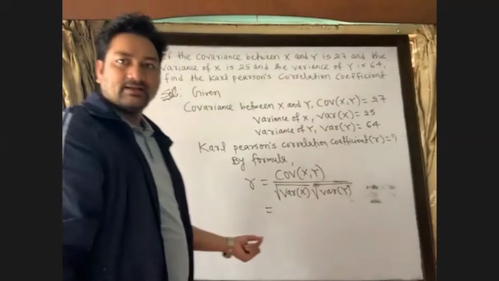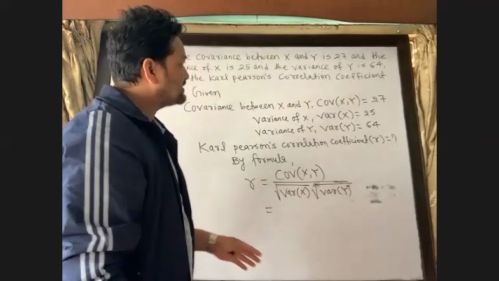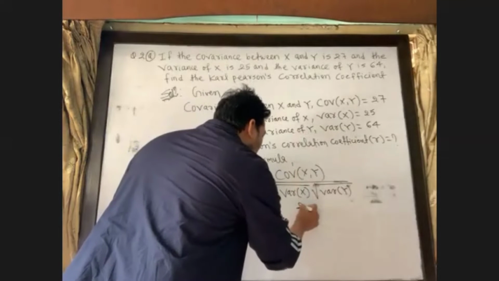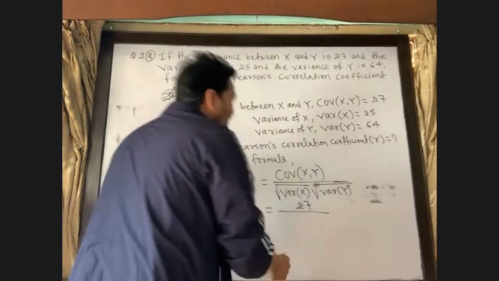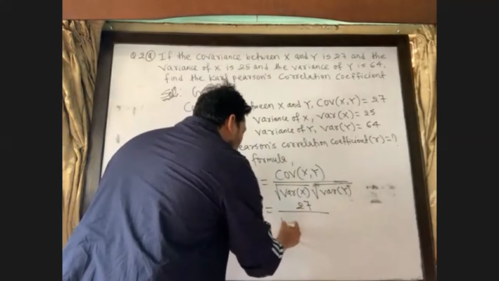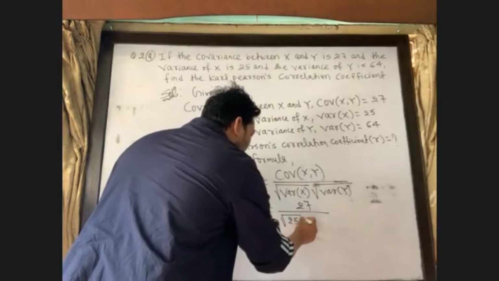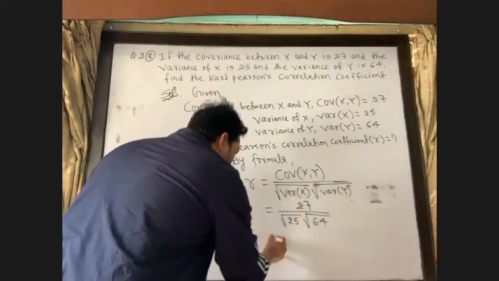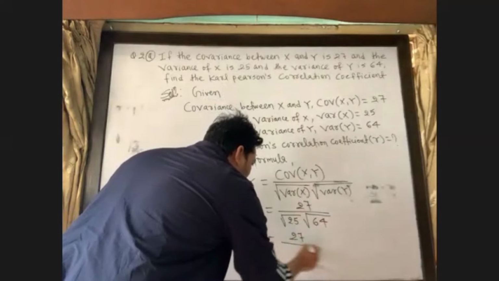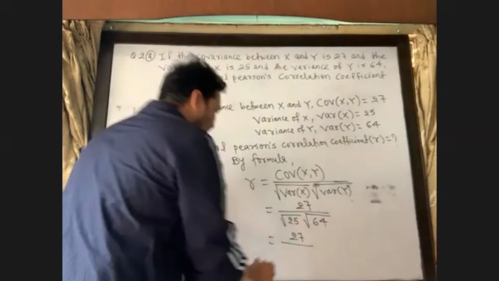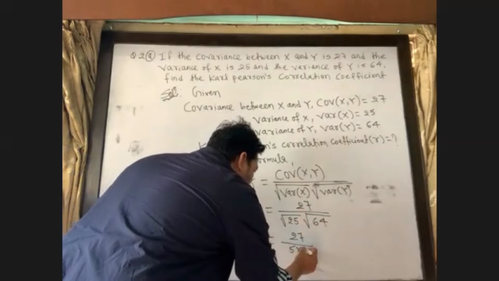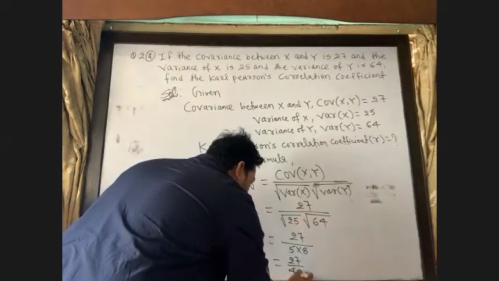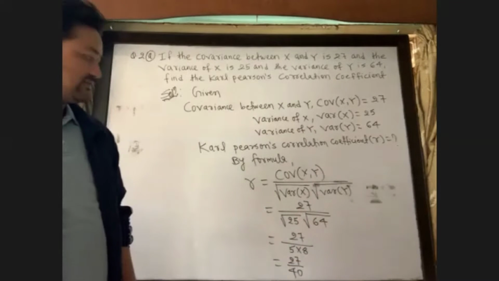Put the values here. Covariance between x and y is 27. So write 27 divided by square root of 25 and square root of 64. That is 27 divided by 5 into 8, so 27 divided by 40.